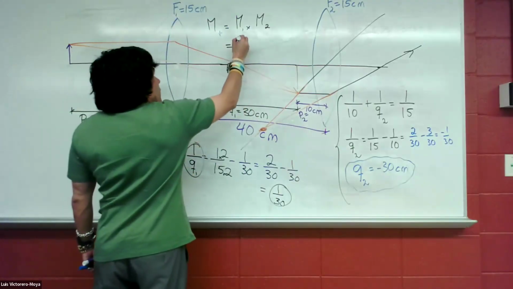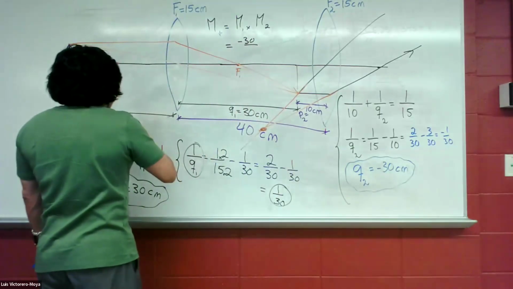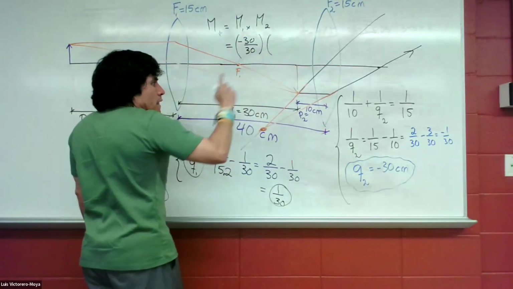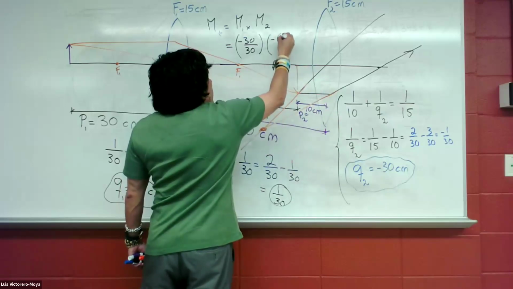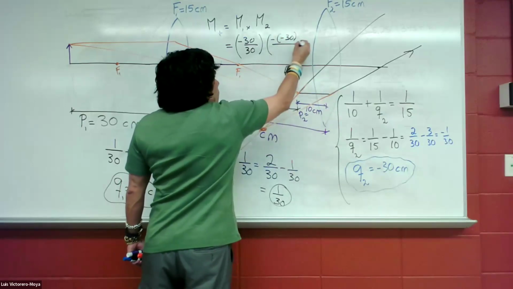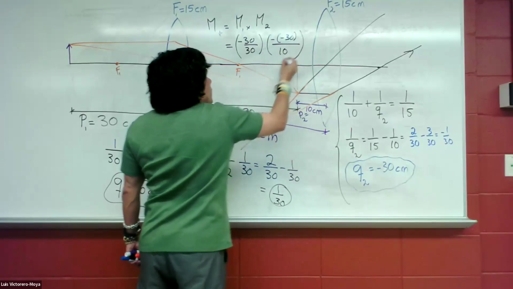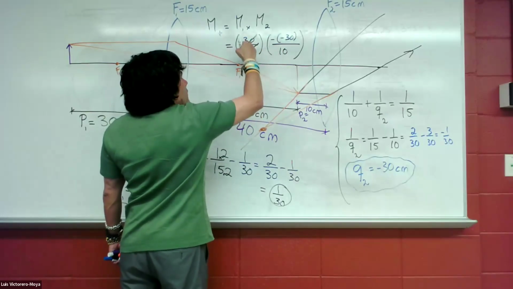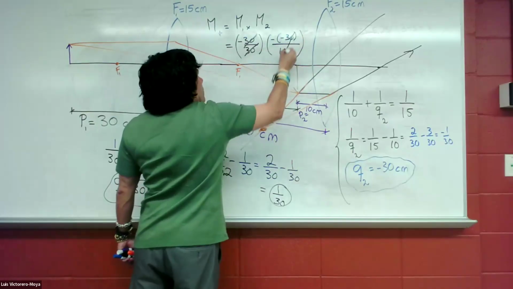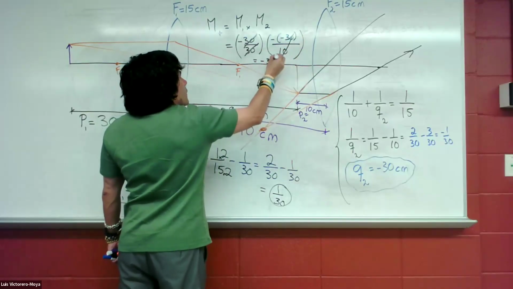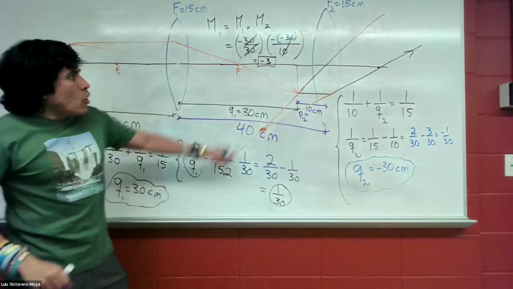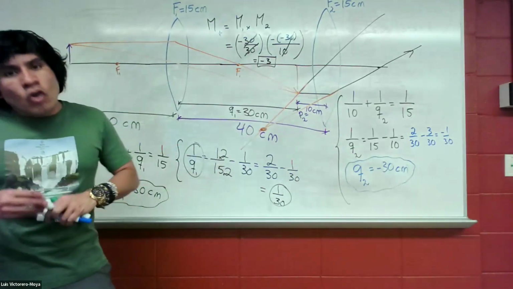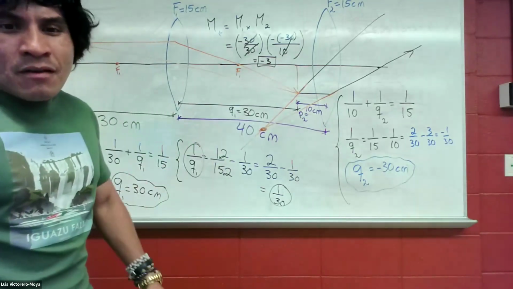M1 is negative 30 over 30, times negative 30 over 10. And look what you get. Positive, negative, so negative 3. You get equal to negative 3. So the image is 3 times bigger than the object. Compound microscope. All right.